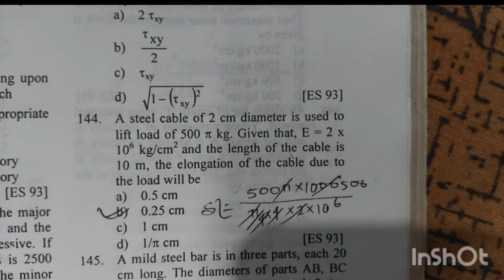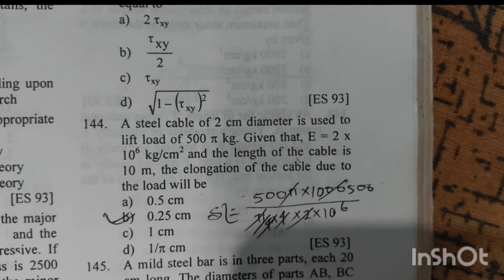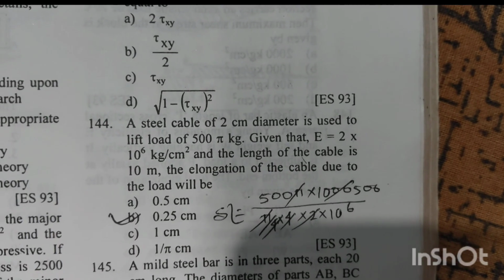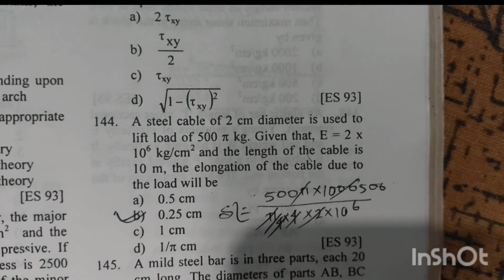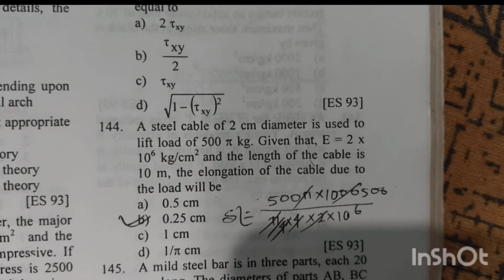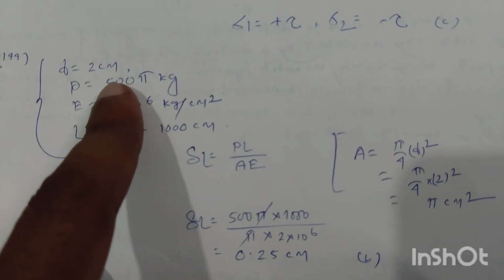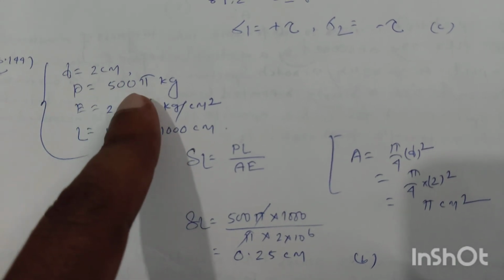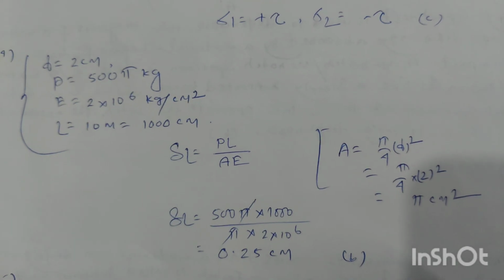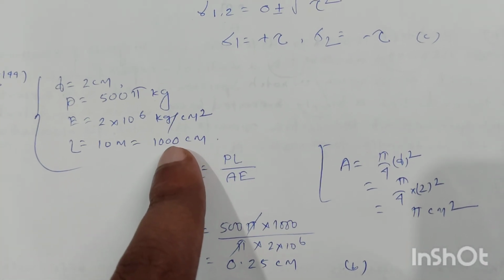144. A steel cable of 2 cm diameter is used to lift a load of 500 pi kg. Given that modulus of elasticity E equals 2 into 10 to the power 6 kg per centimeter square, and the length of the cable is 10 meter. The elongation of the cable due to the load will be, we have the diameter of the cable 2 centimeter, load 500 into pi kg, E equal to 2 into 10 to the power 6 kg per centimeter square, and length of the cable 10 meter equal to 1000 centimeter.